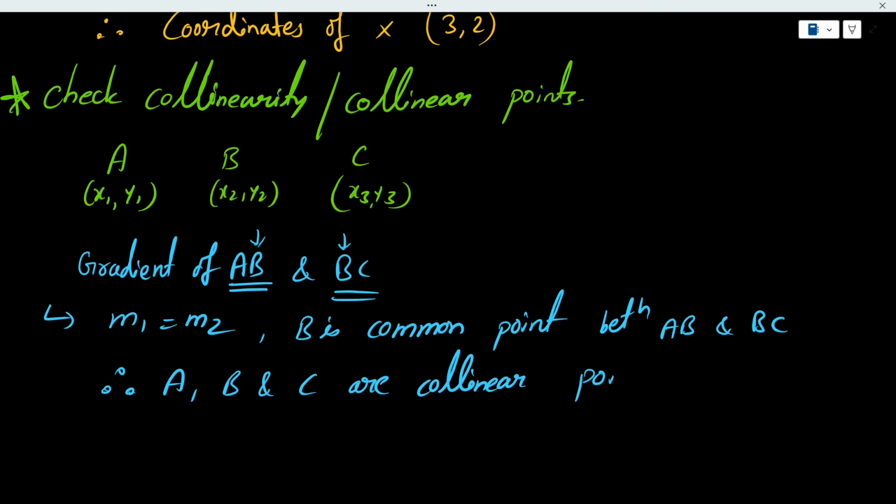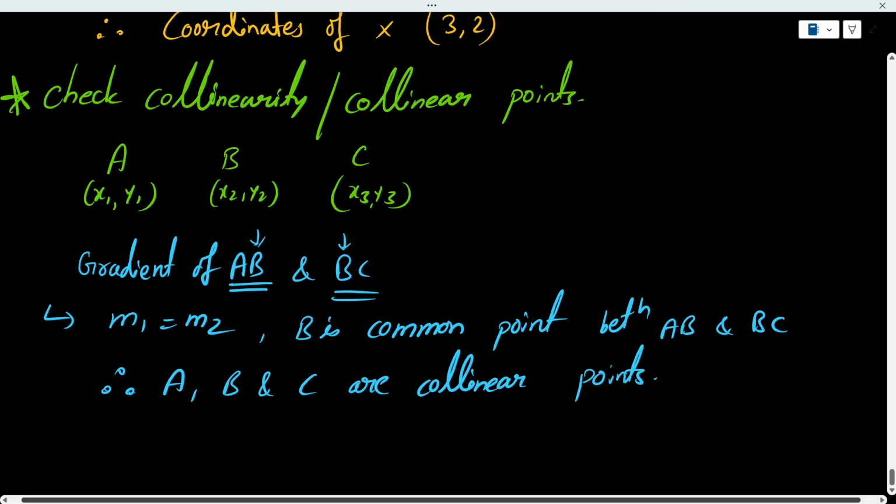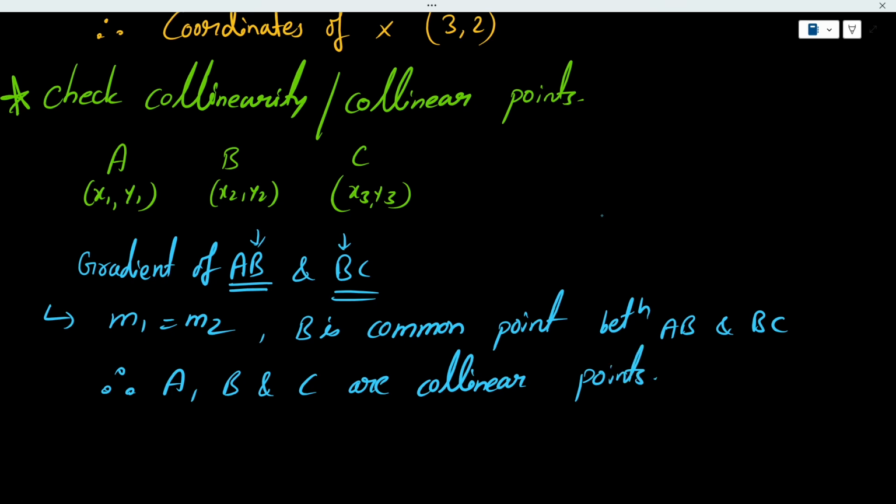Why is this true? If I'm having a line here, if this is AB, now this gradient is M1. If I'm having another line BC which is parallel, the starting point is going to be the same, and the parallel line becomes a coincident line, or the line extending, because its rise over run is going to be the same if it is collinear.